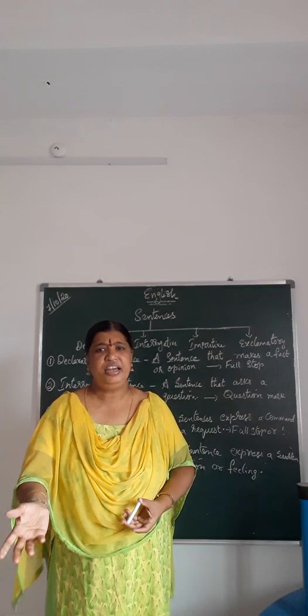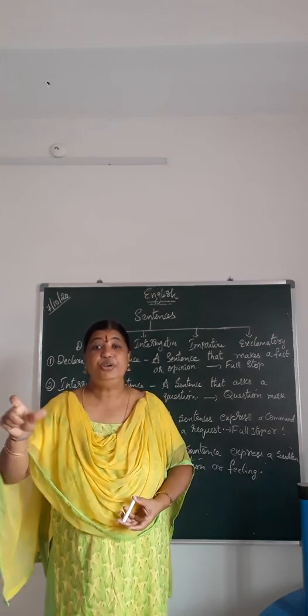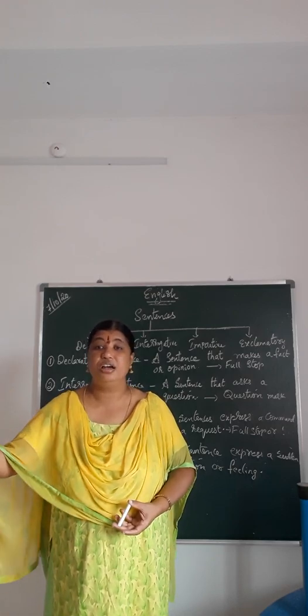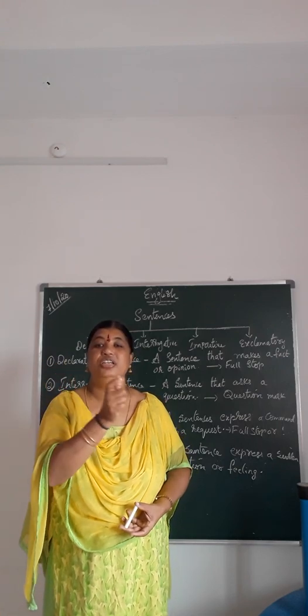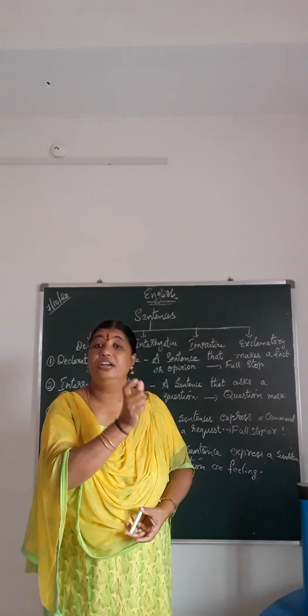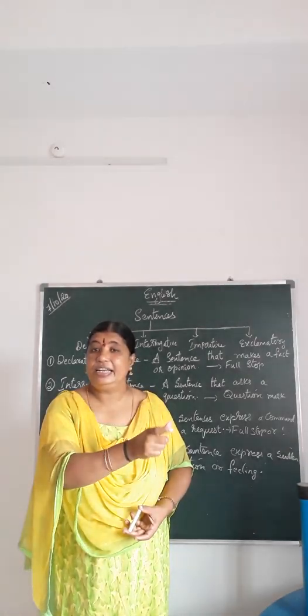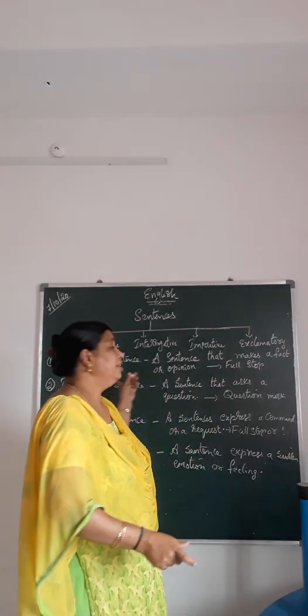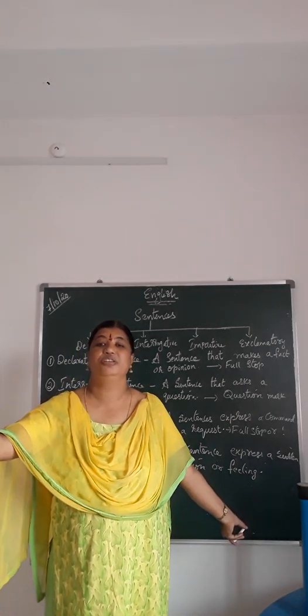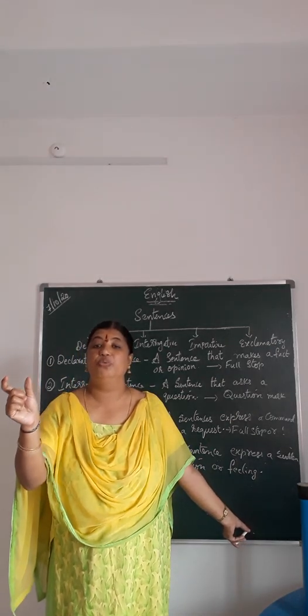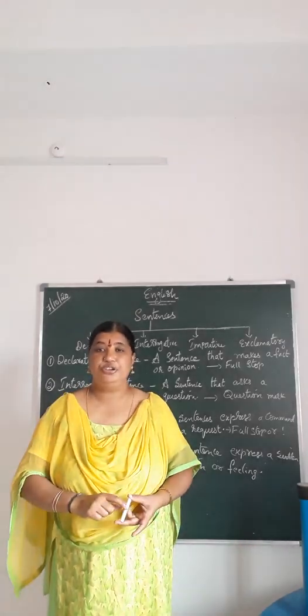Why are you here, John? After John, you will not put a full stop, because you are starting the question with a question word called why. So it becomes an interrogative sentence, and you should put a question mark after the word John. Understood, children?